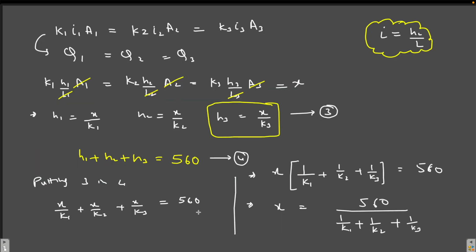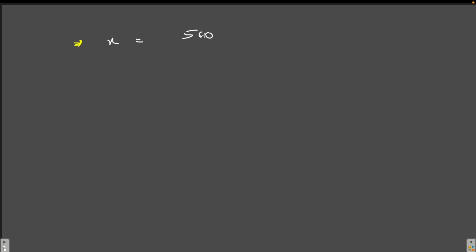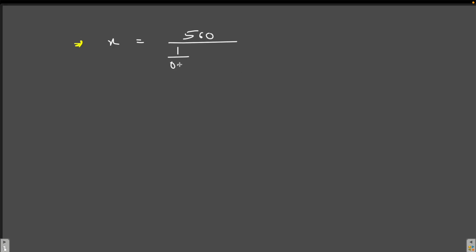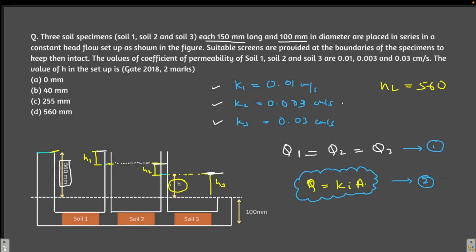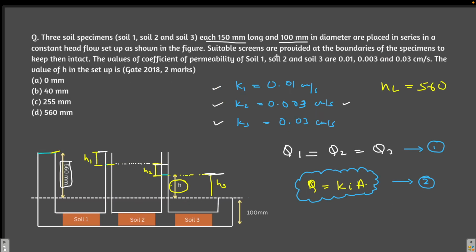So let's put the values of K1, K2 and K3 over here. So X is equal to 560 by (1 by K1, so 1 by 0.01, plus 1 by K2, which is 0.003, plus 1 by K3, and that K3 is 0.03).